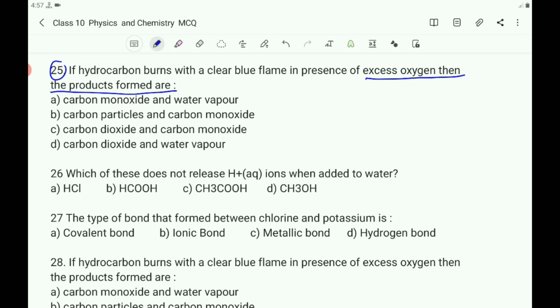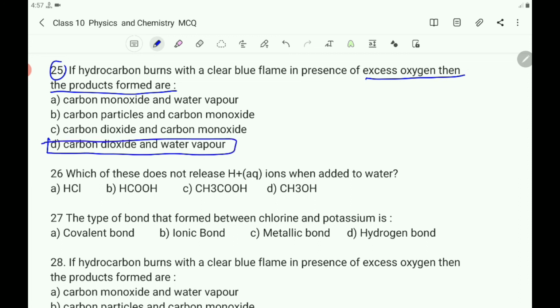It is a complete combustion. So in the complete combustion, what are the products? The products are naturally carbon dioxide and water. That you have to make out as the answer here: carbon dioxide and water. Option D is the answer.